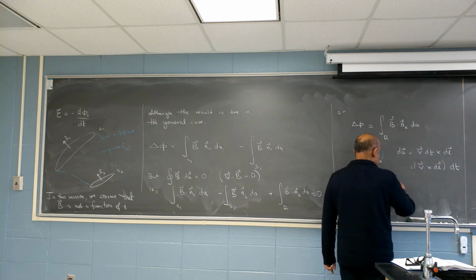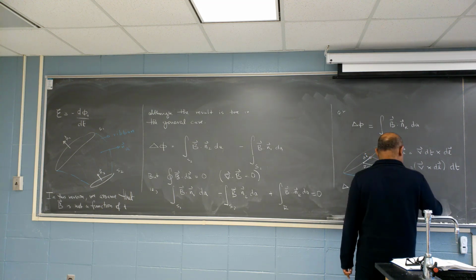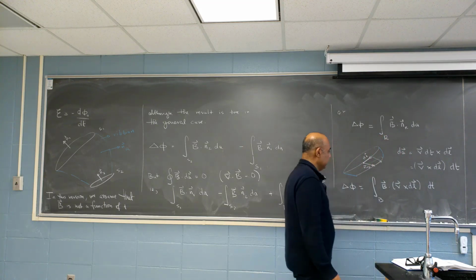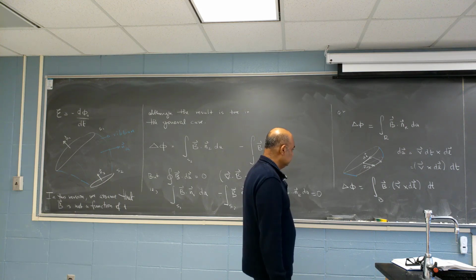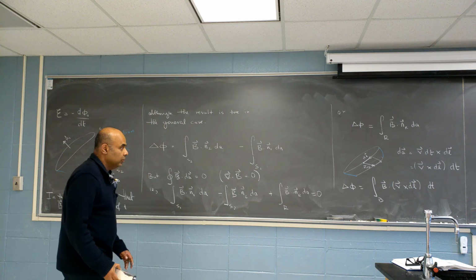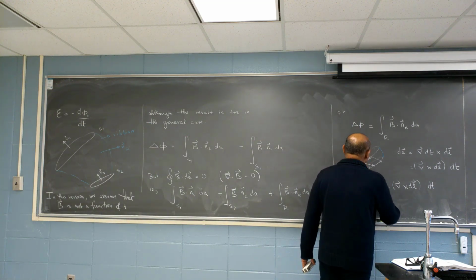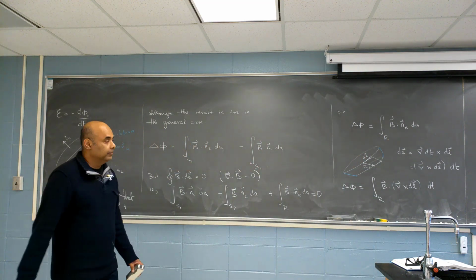So again, I'm putting my vectors together. So the whole thing represents the normal ribbon and dA. Sorry, this is only the ribbon, because delta phi is just the integral over the ribbon.